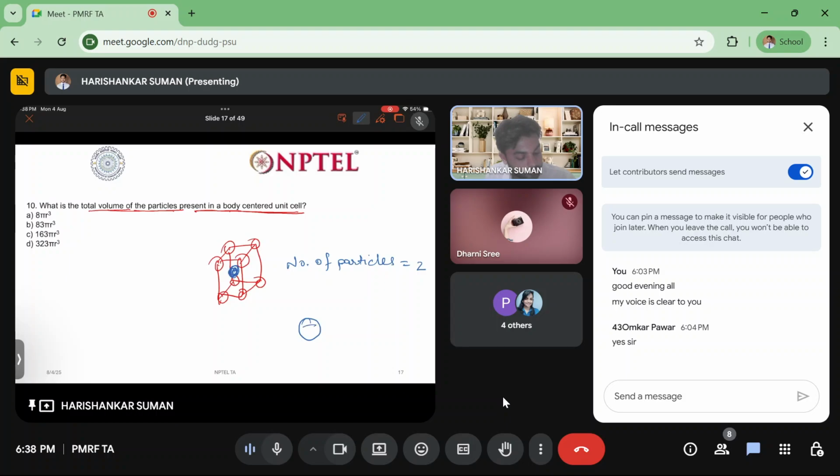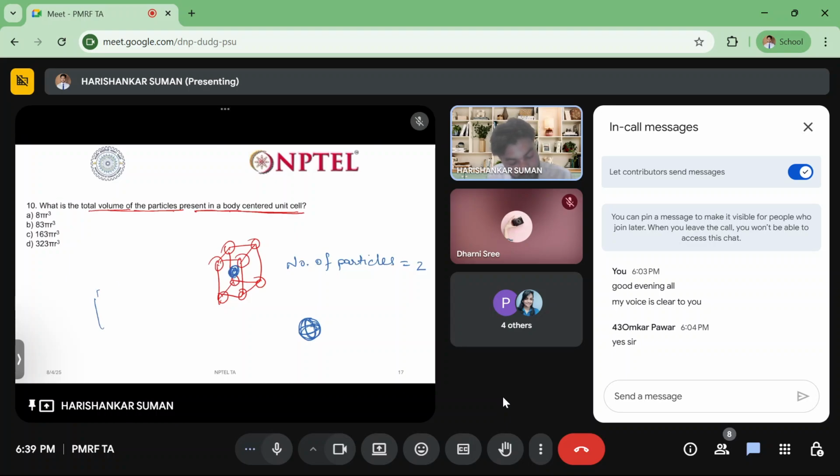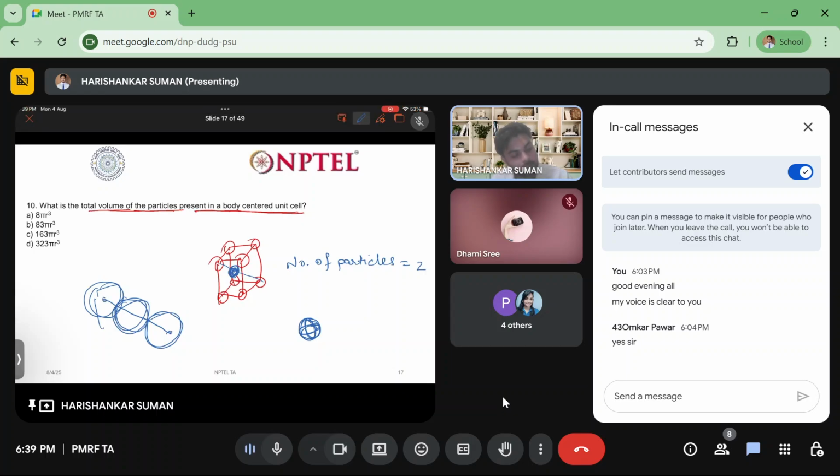This is the spherical shape like that. And diagonally they touch each other. This is not like that case. Let me tell you, it will be like that case.